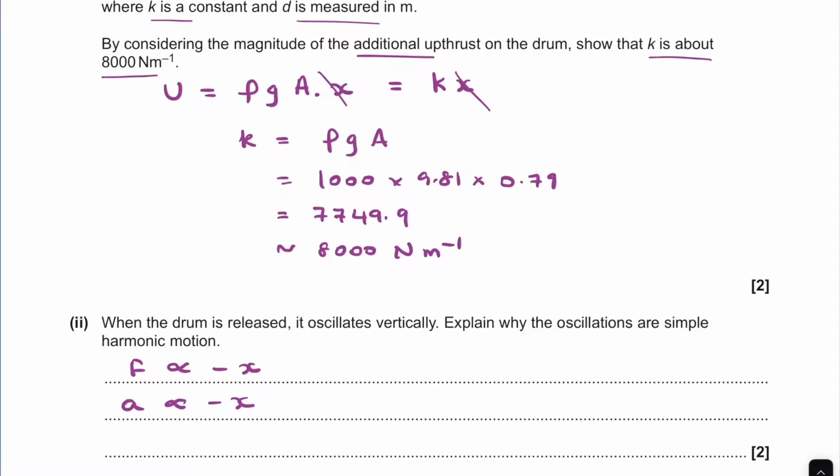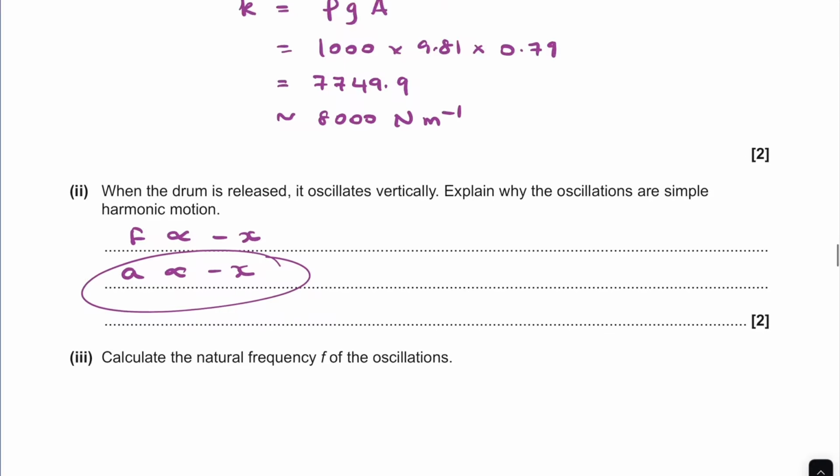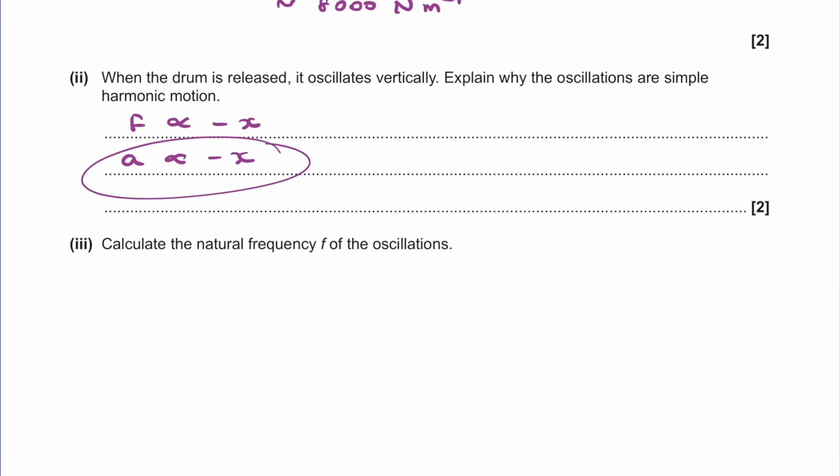This is one of the most important conditions: the acceleration is directly proportional to the displacement, but in the opposite direction.